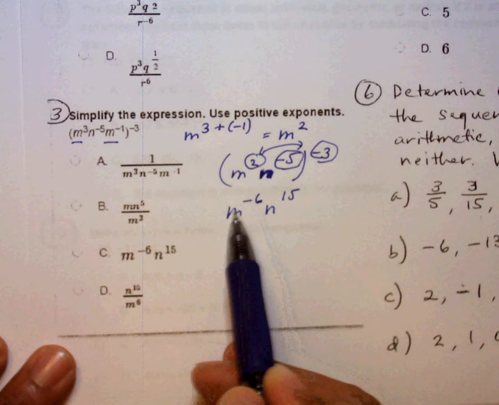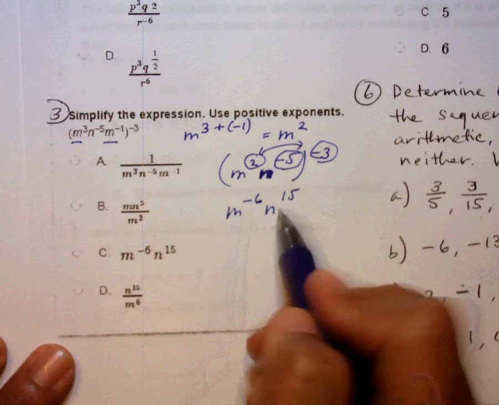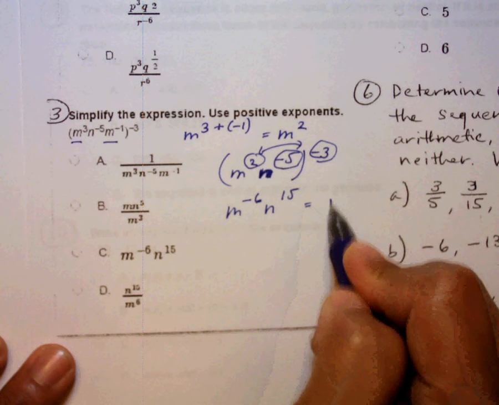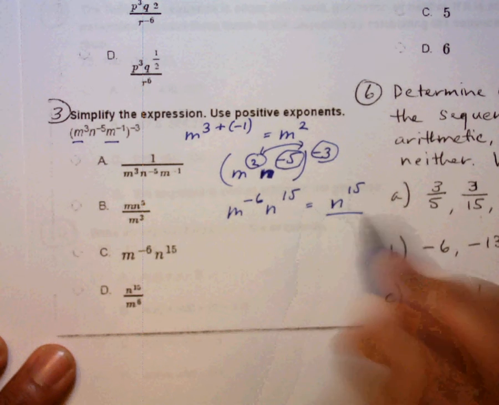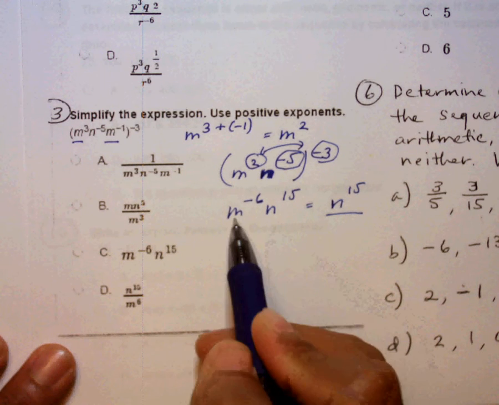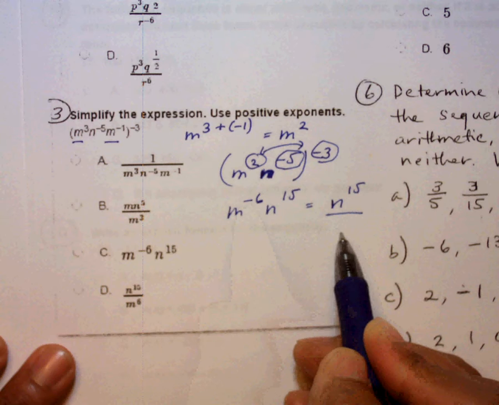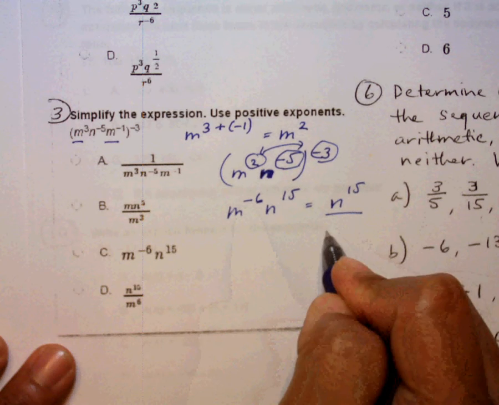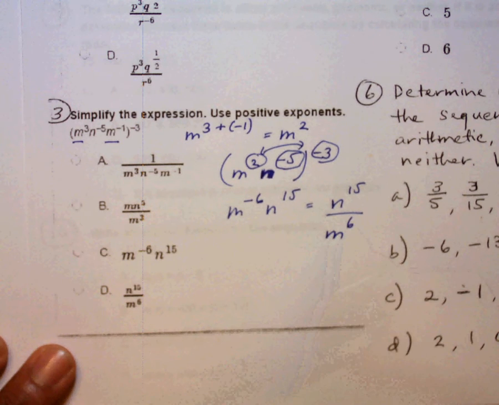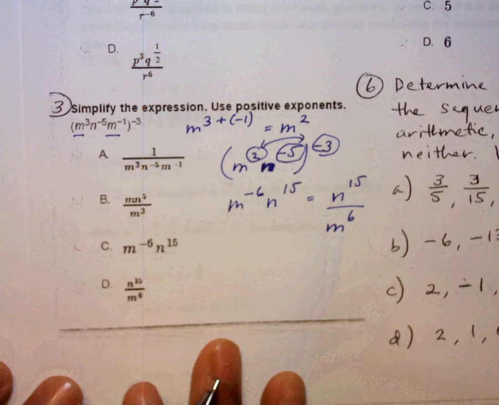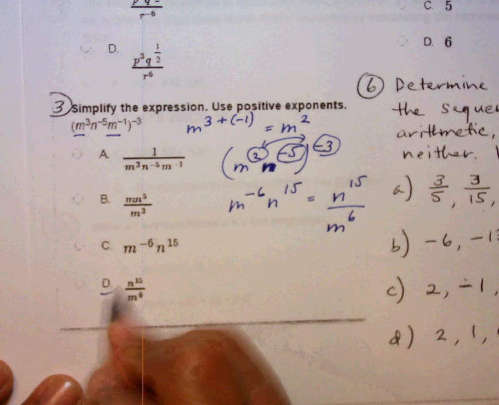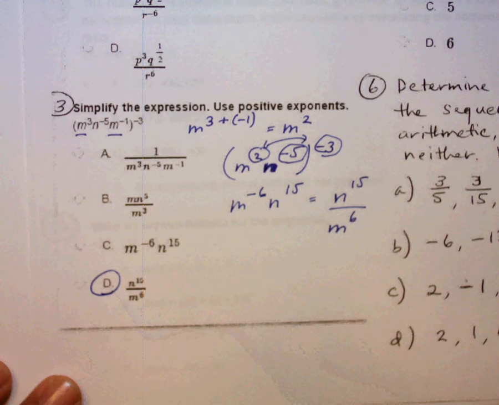So with the negative, I have to take the reciprocal. The n to the 15th power stays where it is in the numerator. The m to the negative 6th power, this negative means it's going to be in the denominator now. So this becomes n to the 15th over m to the 6th, which is going to be letter D.